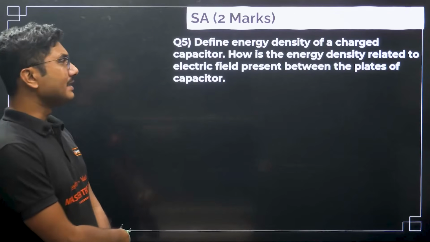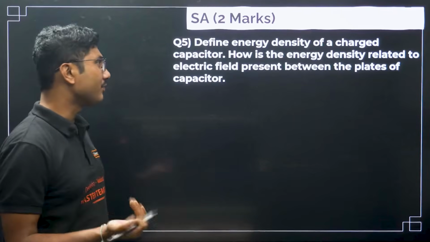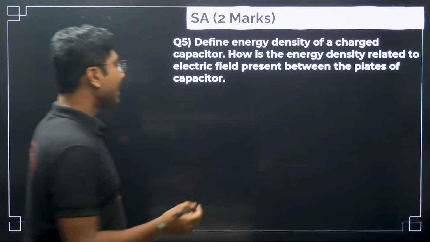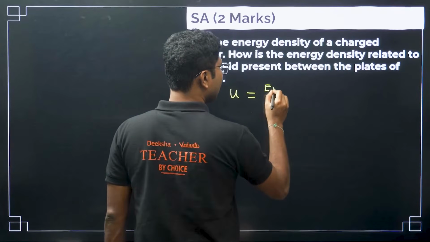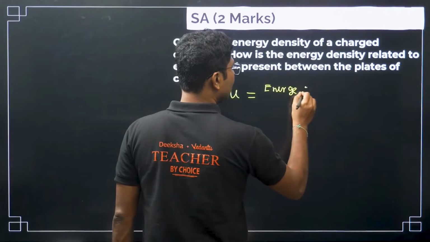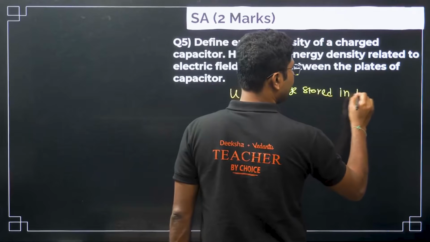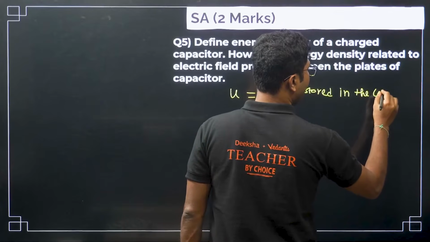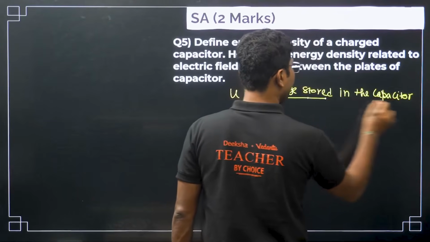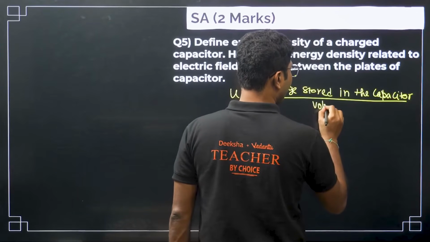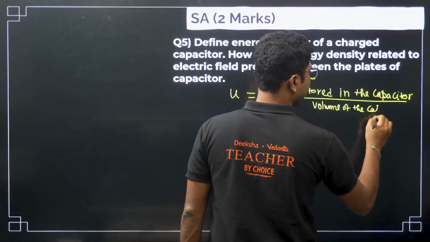How is the energy density related to the electric field present between the plates of the capacitor? So first of all, what is energy density? Energy density is defined as energy stored in the capacitor divided by volume of the capacitor.